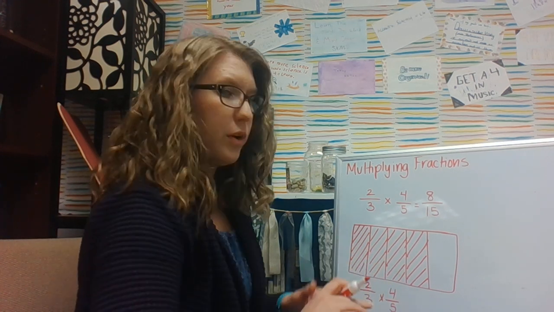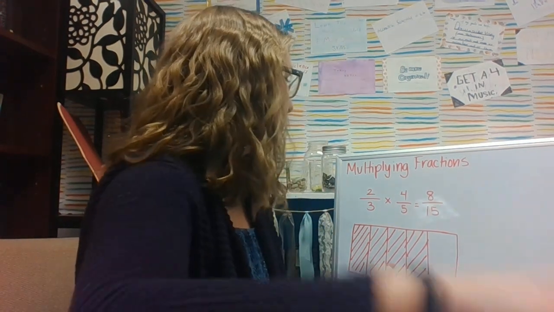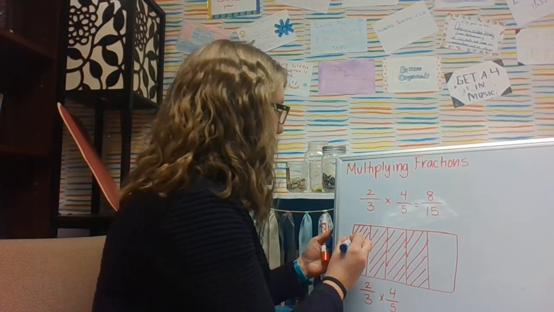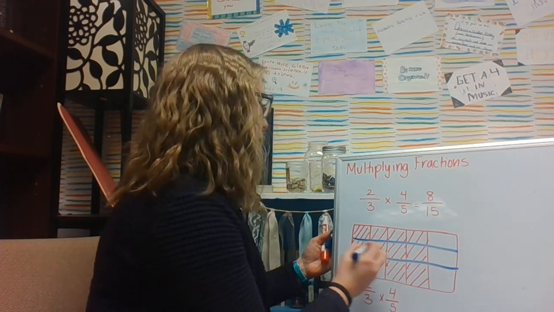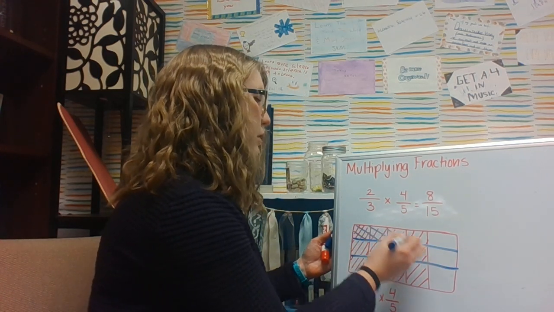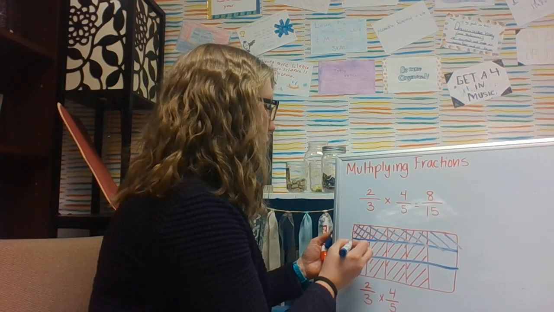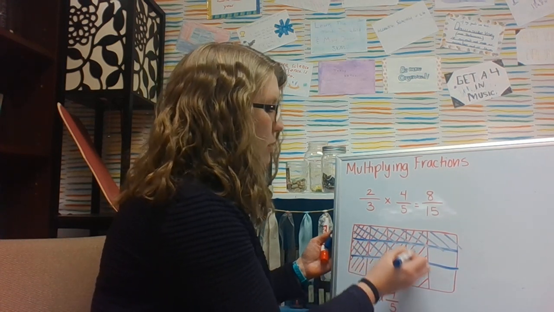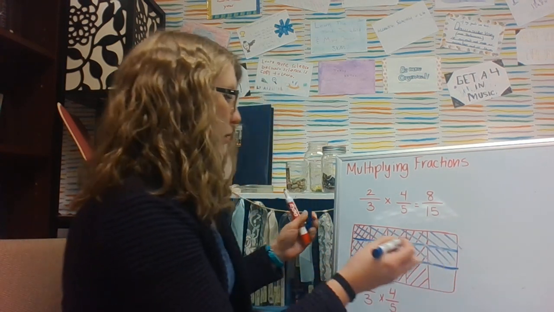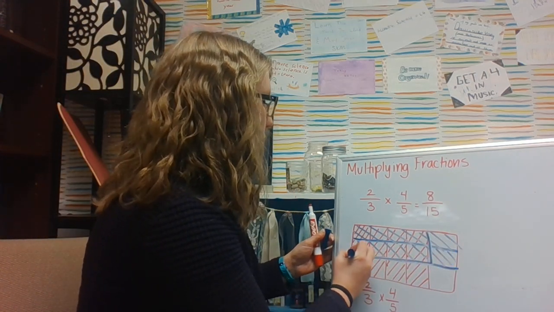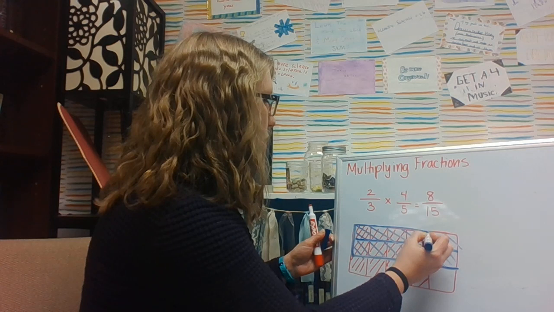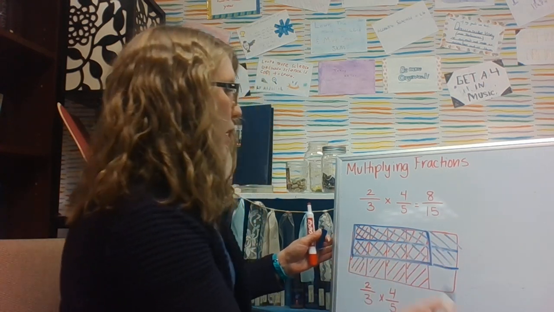And I have 2/3 of those 4/5. So I'm now looking at 2/3 of those 4/5. And so my answer is right here where it overlaps, 2/3 of my 4/5.